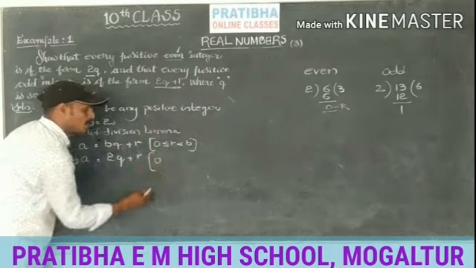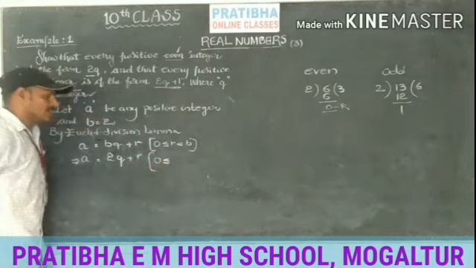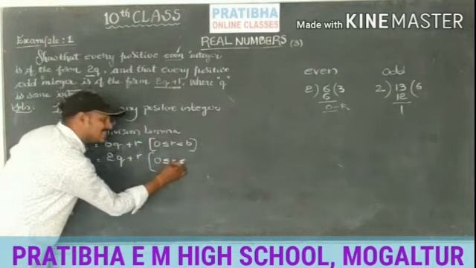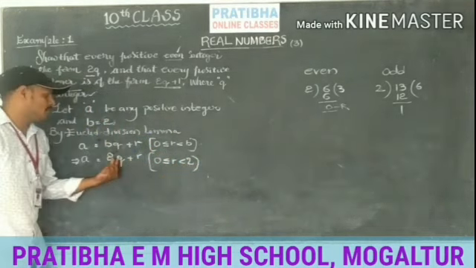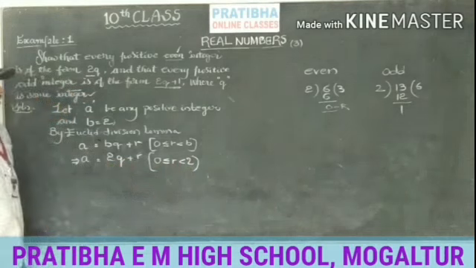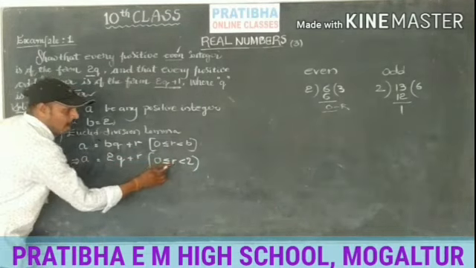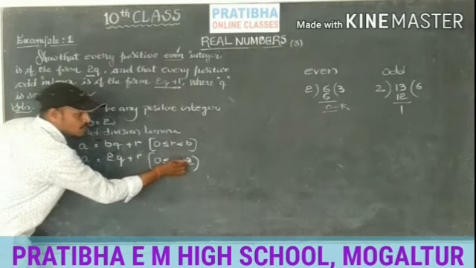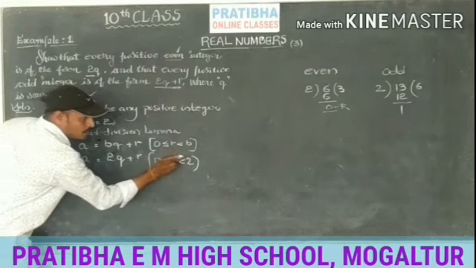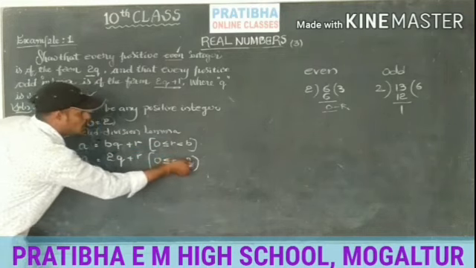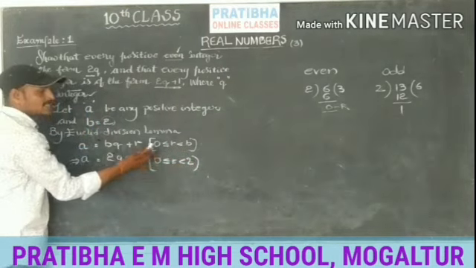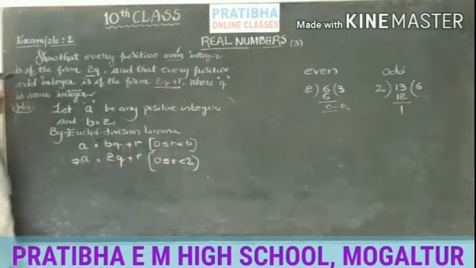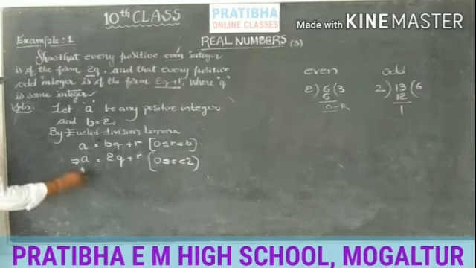That means 0 is less than or equal to r, and r is less than 2, because here b is equal to 2. That means r is either 0 or 1, but not equal to 2, because r is always less than 2. There are only two chances: either r is 0 or 1.